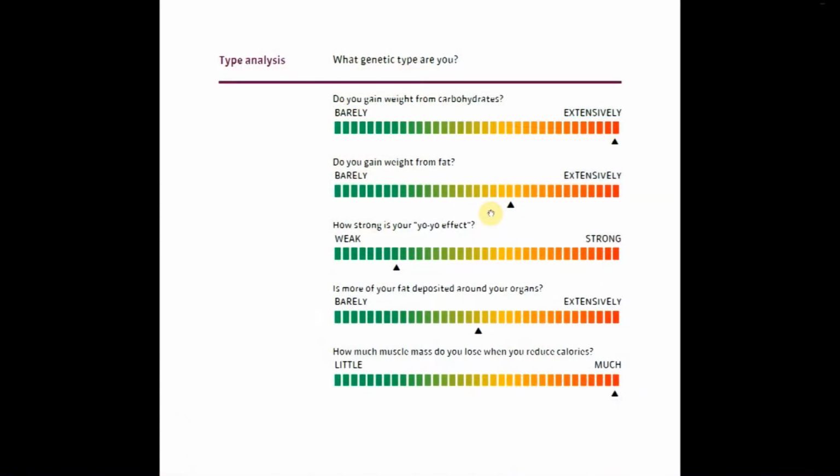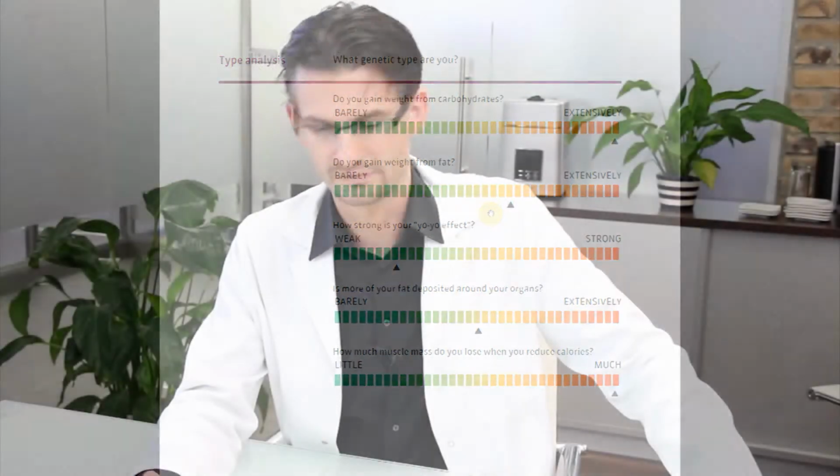Then the next question is, do you gain weight from fat? Intuitively you would say yes, fat, because if you're overweight, you've got too much fat. That would mean fat would make you overweight, which is partly true, because scientific studies have shown, to express it in a simplified manner, if you eat a fatty meal, the fat ends up in your intestine, and then the body thinks, wow, great, fat's got a lot of energy and I can build some cell walls out of it and everything, and it starts absorbing the fat.